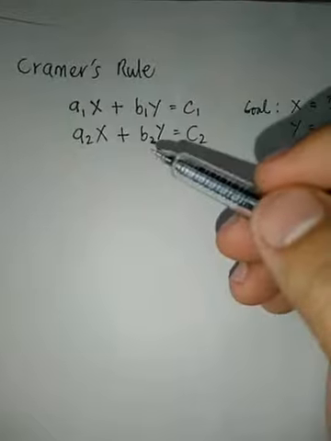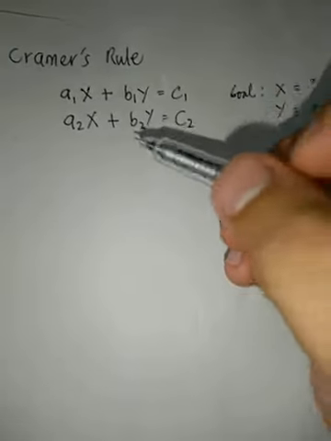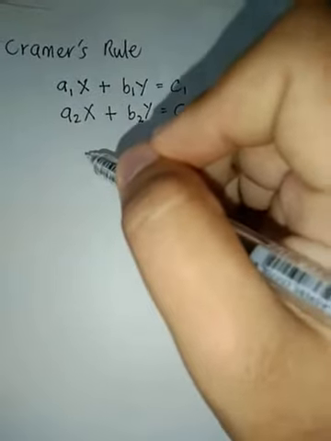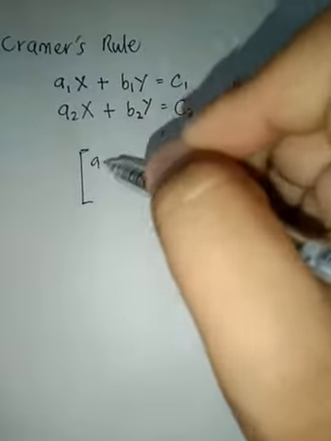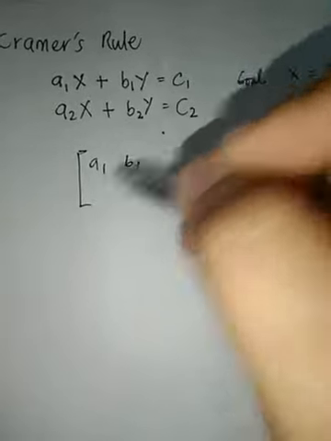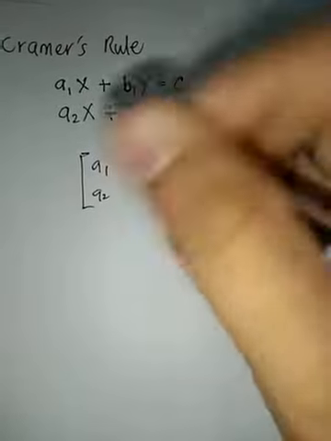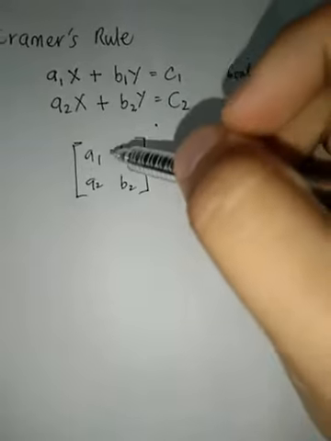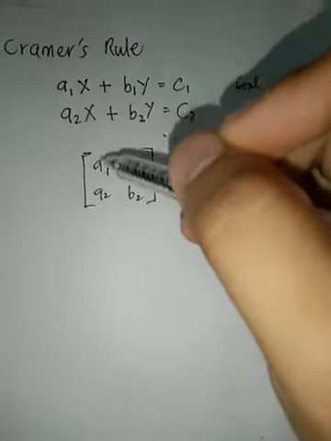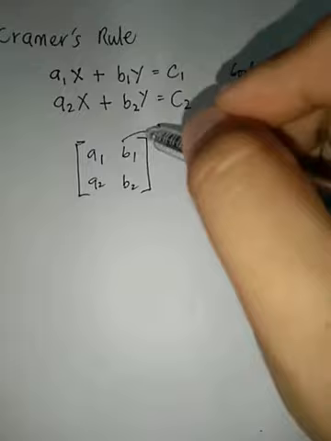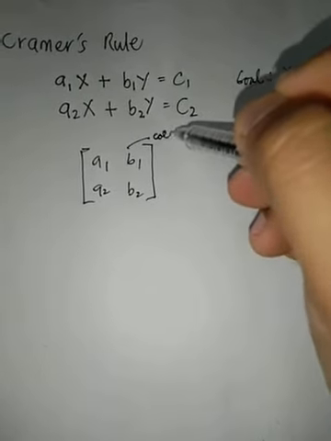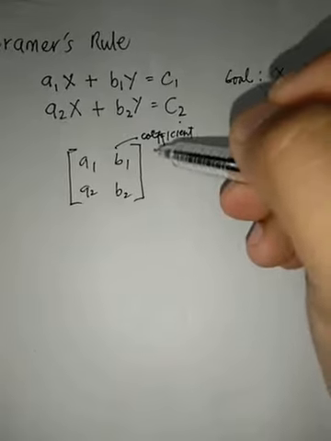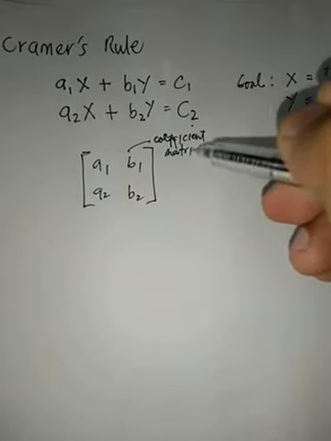So, ang gagawin lang natin is this. Kung meron tayong 2x2 matrix, okay, so this is actually a 2x2 matrix. So we have A1, B1, A2, B2, no? So this matrix is what we call coefficient matrix.